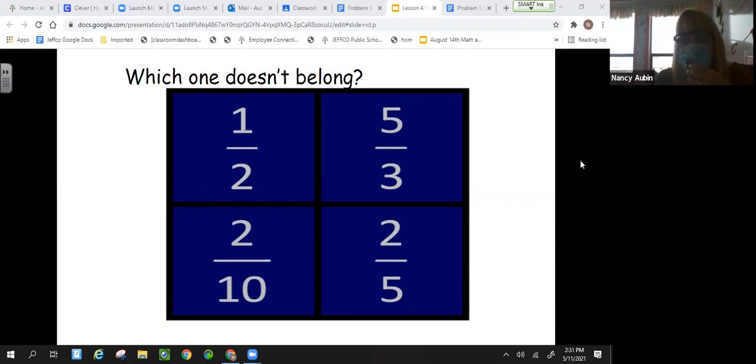But in the other fractions, the numerator, the top number, is less than the denominator, which means that they are less than 1 whole. 5/3 is a fraction that's greater than 1 whole. It's 1 2/3.